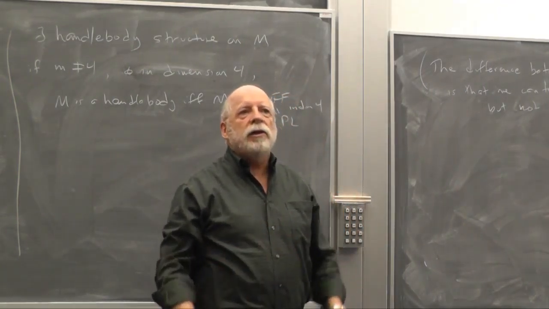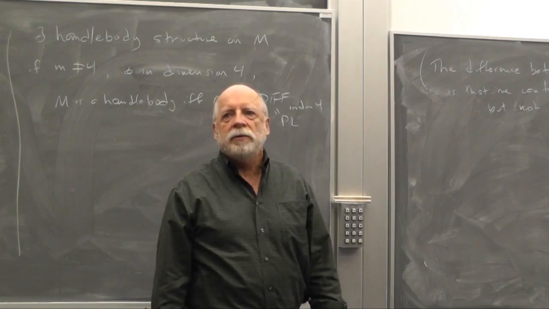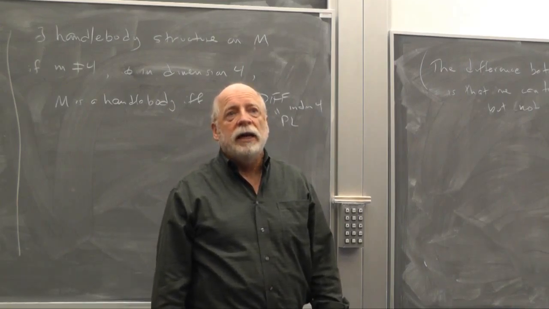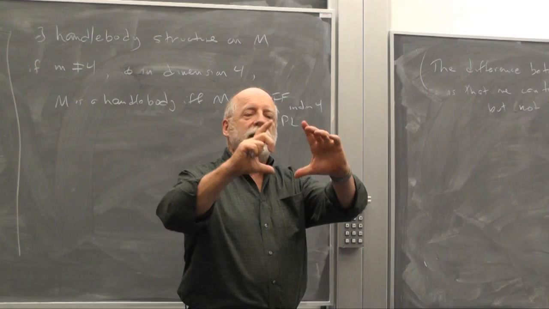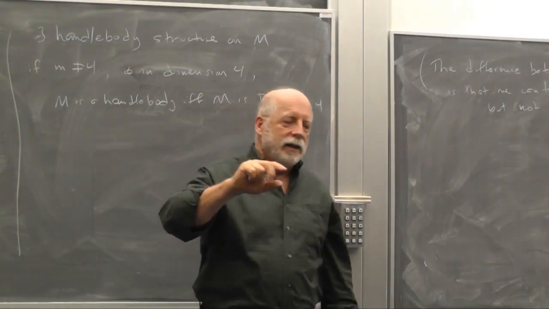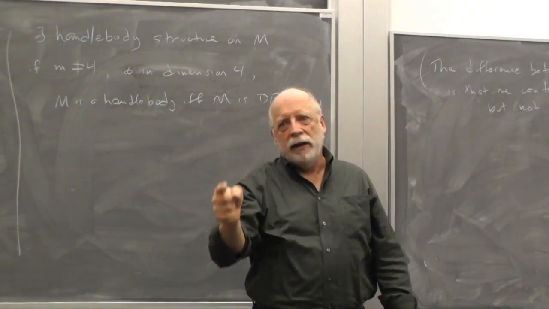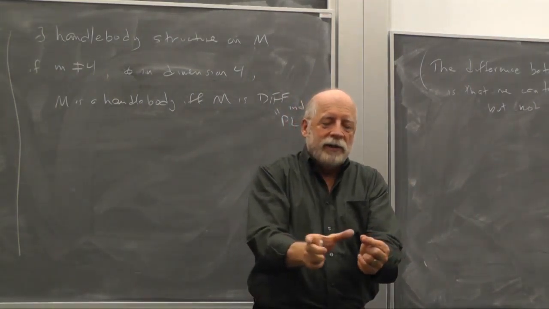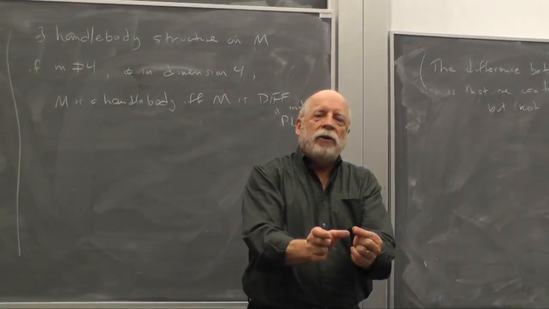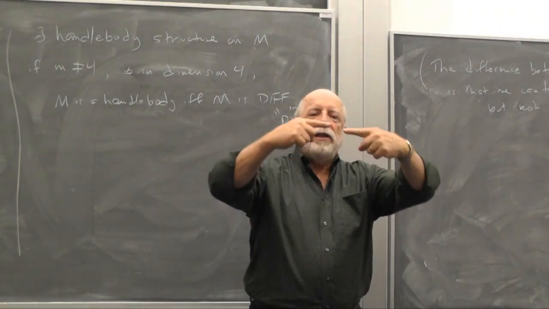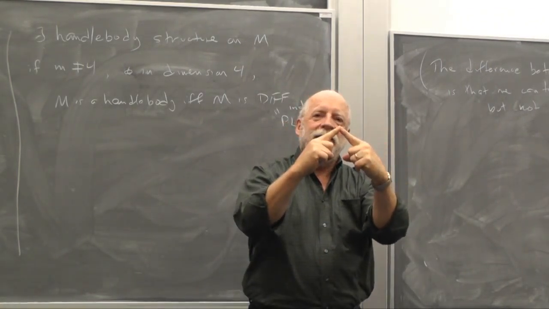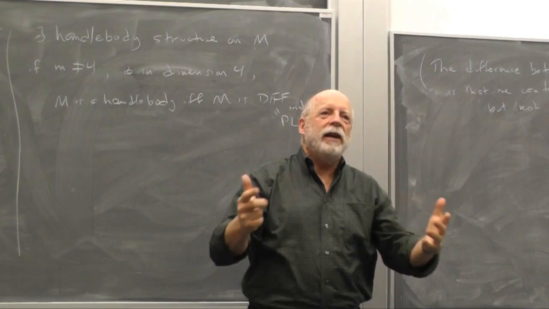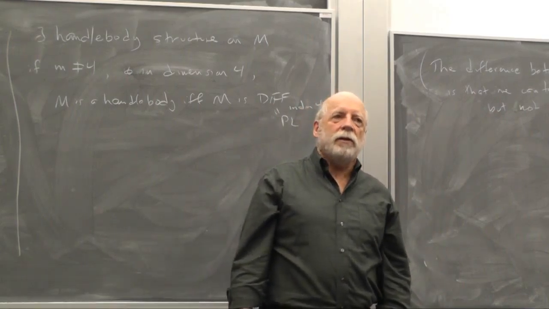So you can take the cone of PL homeomorphisms, but that doesn't work in the smooth case. It doesn't even work for circles, because think of taking a circle where you take the upper half circle and stretch it down, expand it, and squeeze the bottom. Well, then when you cone that, this thing goes to this. You get a corner. So you can't even cone a diffeomorphism of a circle.